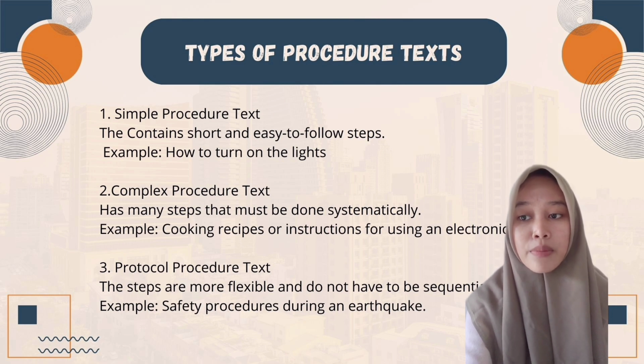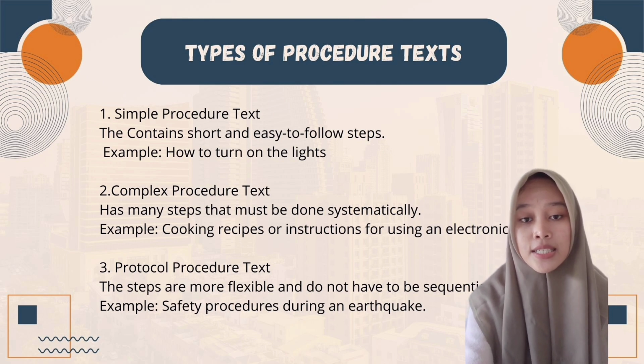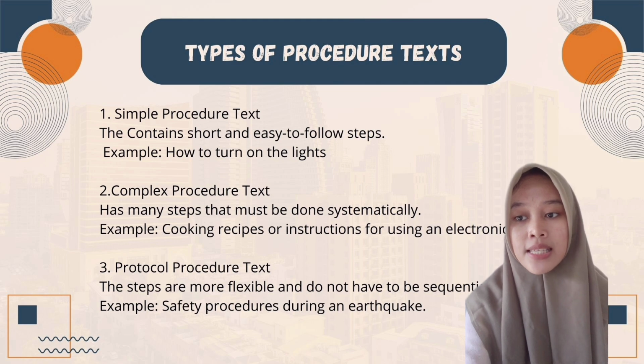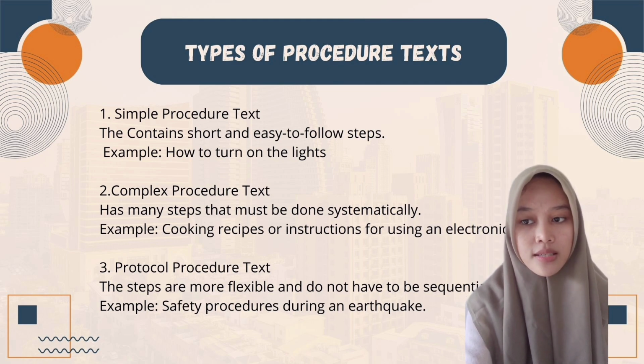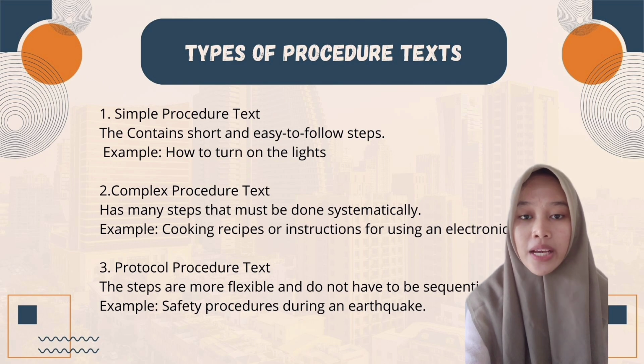And then next, there are three types of procedure text. The first is simple procedure text. The content of this procedure text is short and easy to follow steps, such as how to turn on the light, how to turn on the lamp. And then the second type is complex procedure text.